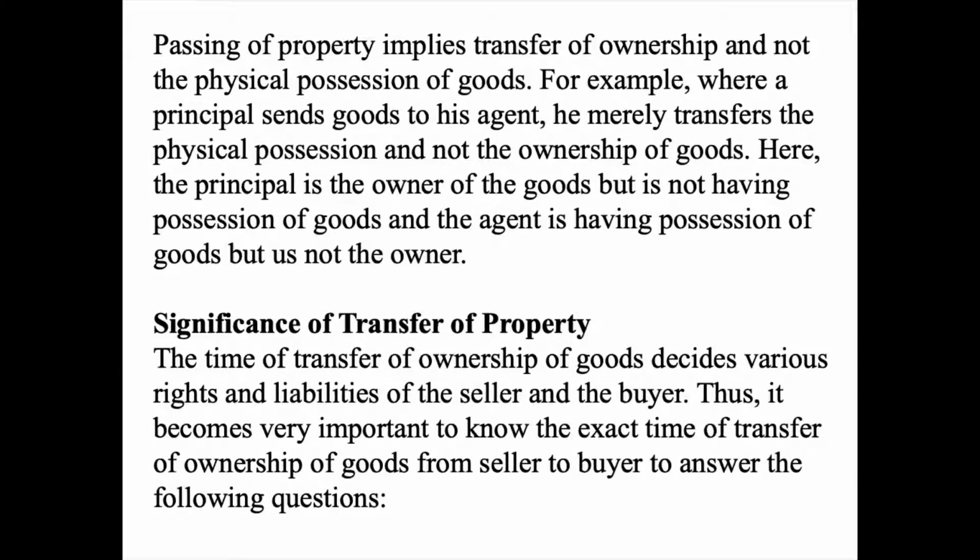Now, what does it mean? Again, as we spoke about the watch story, it's similar to that. You are the principal who is the owner of the goods, but you're not in possession. It is transferred to the agent who is in possession of the goods but not the owner.